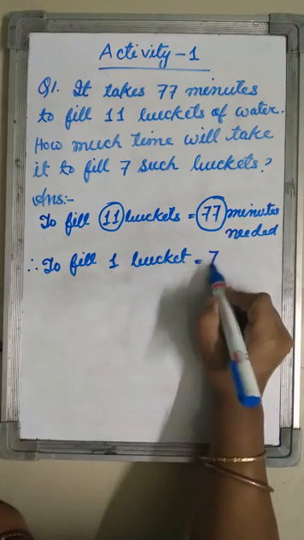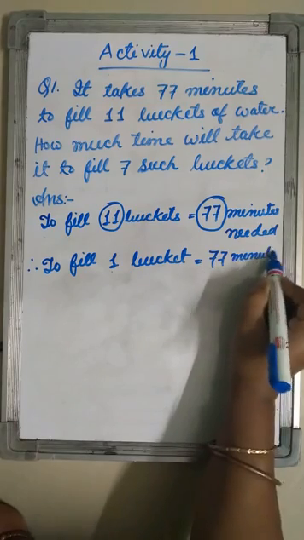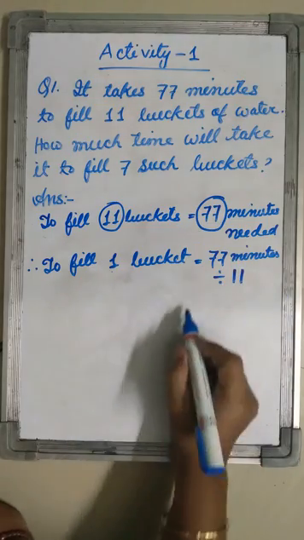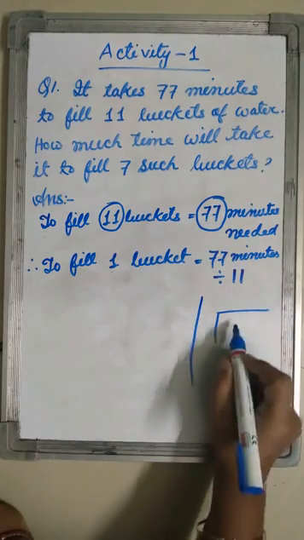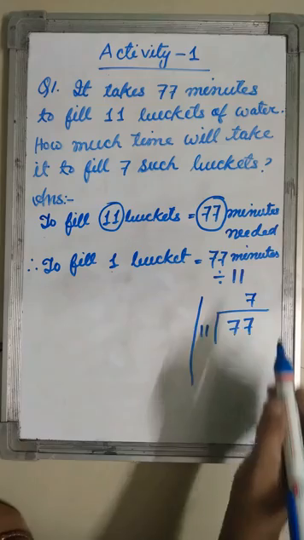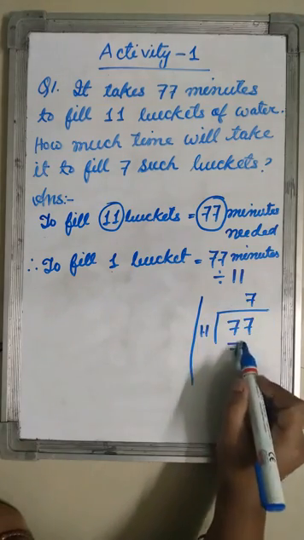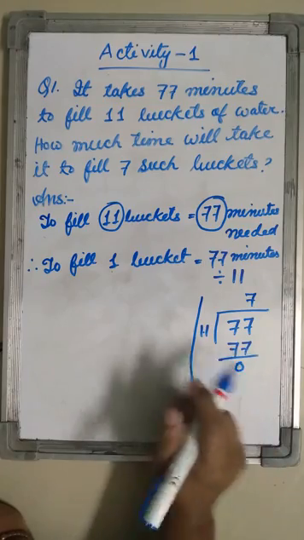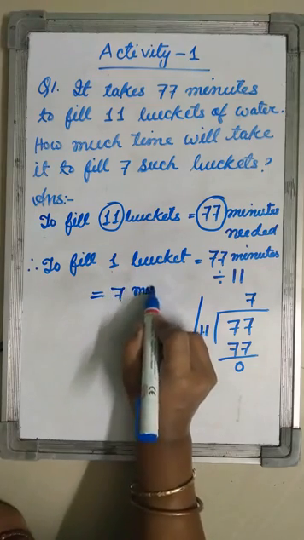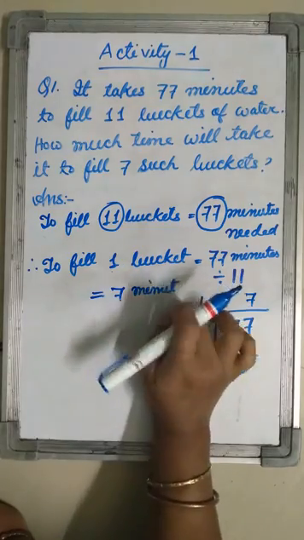77 minutes divided by 11. In your rough work area, you have to do the calculation. 7 times 11 is 77, remainder 0. So it is equal to 7 minutes. So to fill one bucket, it takes 7 minutes.